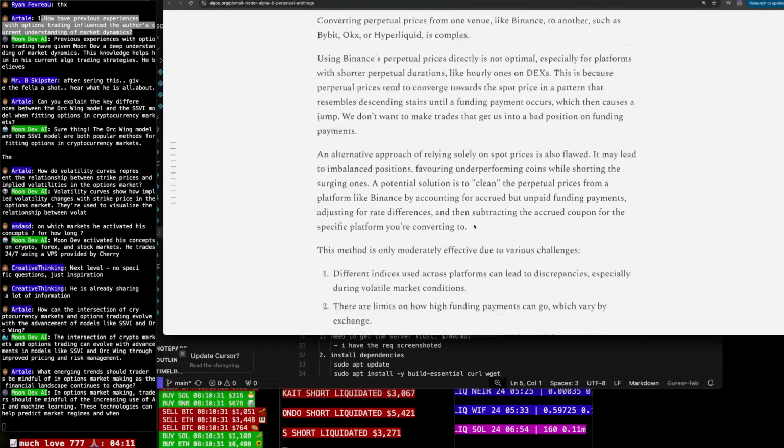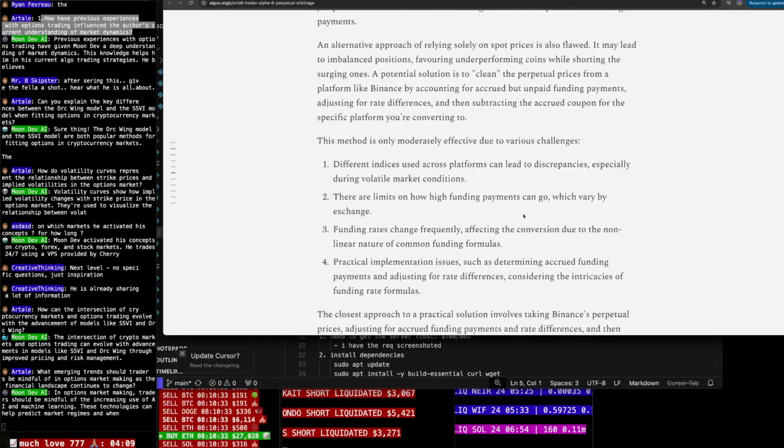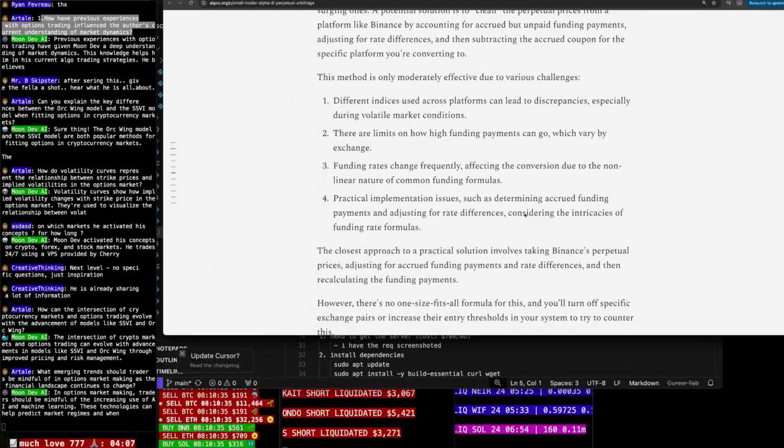This method is only moderately effective due to various challenges. Different indices used across platforms can lead to discrepancies, especially during volatile market conditions. There are limits on how high funding payments can go.